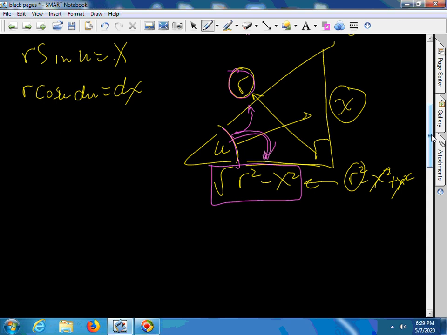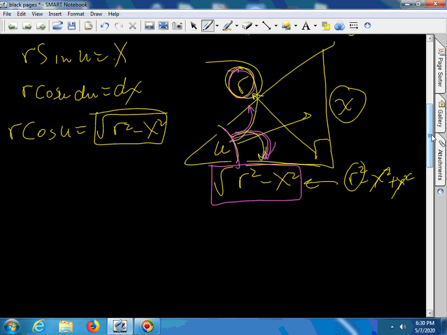And I say, aha, I have it. The cosine of u is the adjacent, which is square root of r squared minus x squared, divided by the hypotenuse, which is r. But I'll multiply the other side by r. The main reason is because I just want to know what this is. Same argument why I didn't divide the x by r. I only wanted to know what x is.